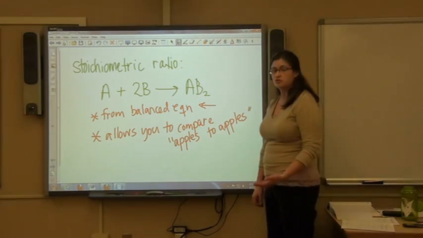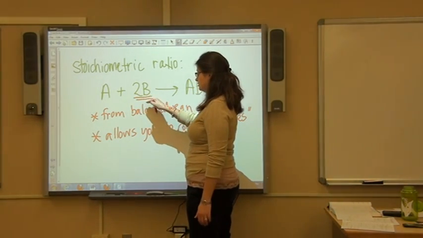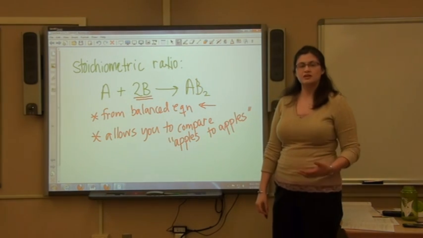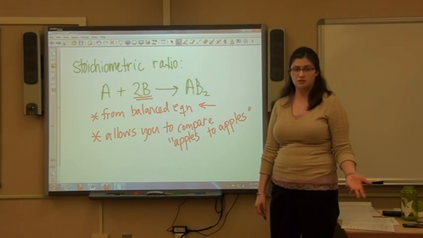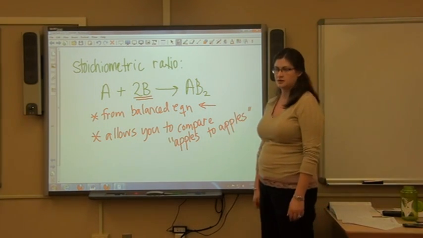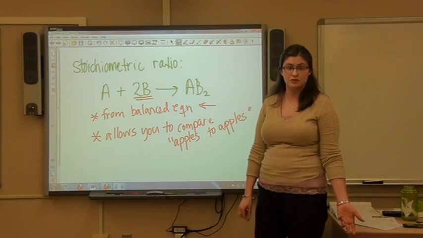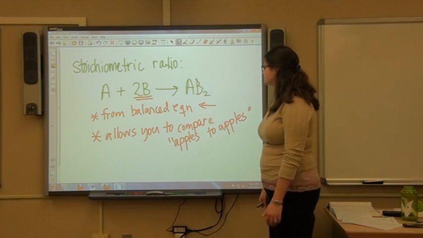In other words, if you don't take into account the fact that you need 2 B's for every 1 A, you need twice as much B, basically, in terms of moles, to make your compound AB2. Which makes sense because in your compound you need 2 moles of B to get the right composition.